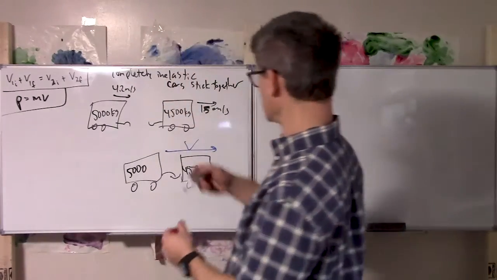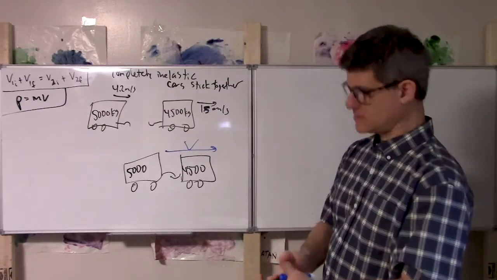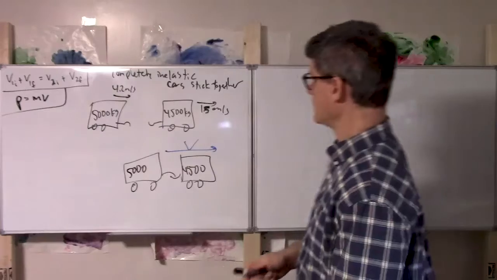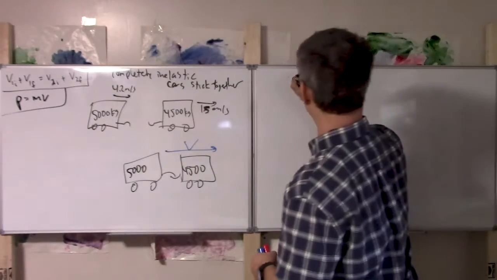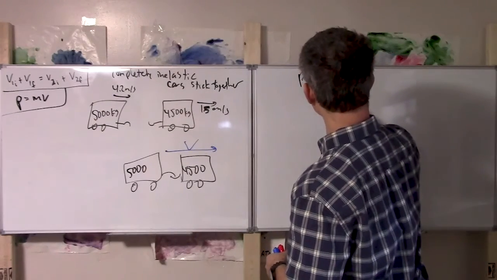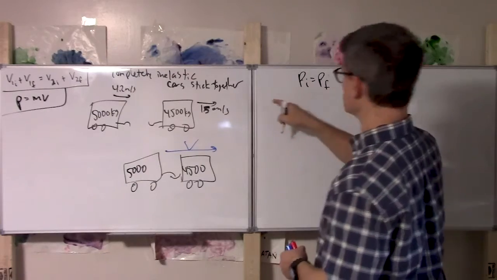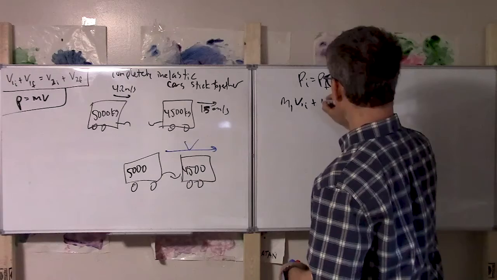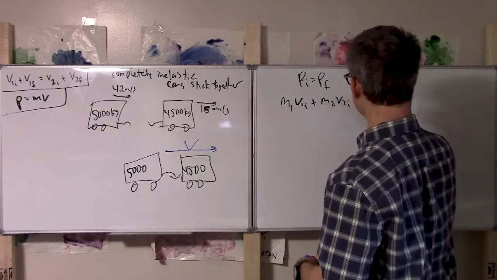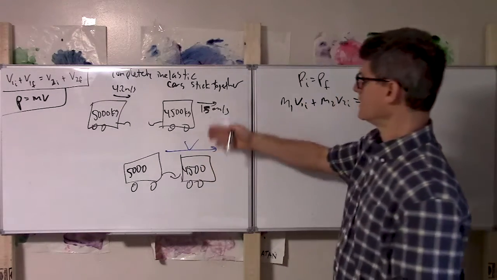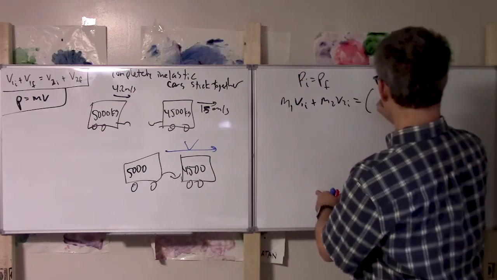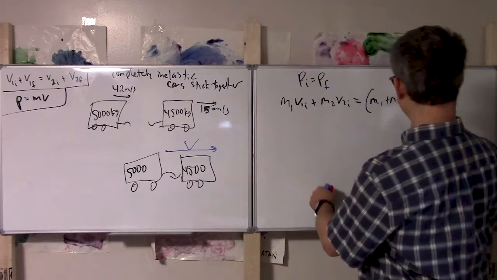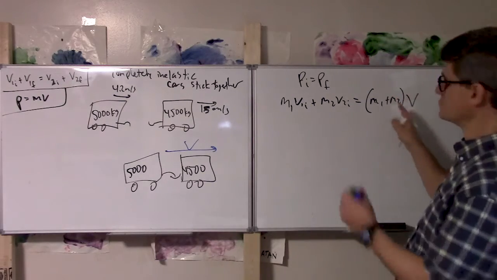Okay, so being a completely inelastic collision, we don't use the elastic collision equation. We just use momentum. So we start with Pi equals Pf, and then we write down the momentum for each one. M1 V1 initial plus M2 V2 initial equals, now here, since they're stuck together, it's the total mass, M1 plus M2, and some final velocity V. There's not two separate velocities.